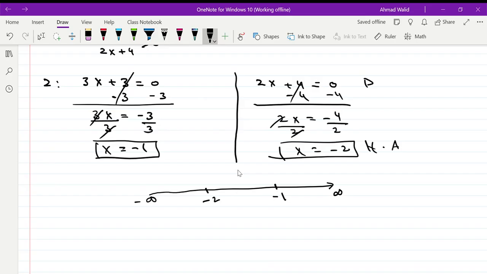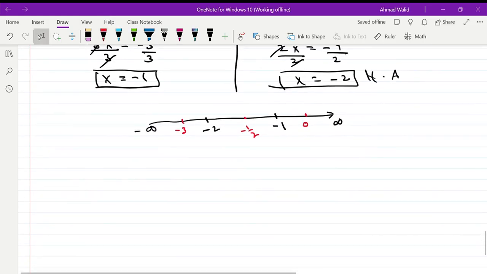For example, I'll pick a test point from this interval, for example, -3. I'll pick a test point from here, which is between -1 and -2. I can say -1/2, and between -1 to infinity, I'll pick 0. I'll plug my test points in my original inequality and see if I end up with a true statement or false statement in each region.